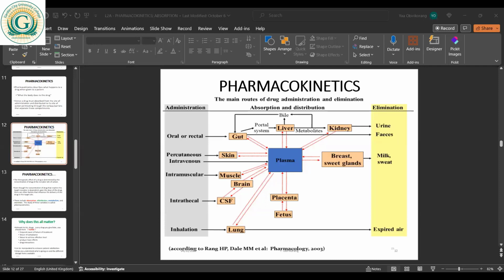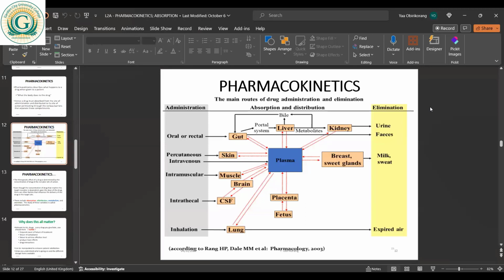For the rectal route, it is the drugs administered in the upper rectum that would go through the first pass effect. So drugs that you ingest, as in you swallow into the stomach, get into the small intestine.